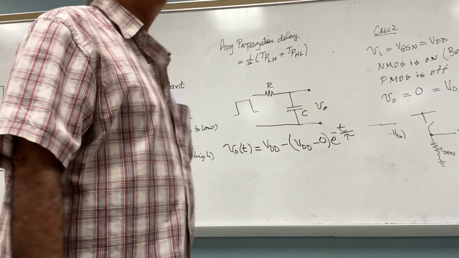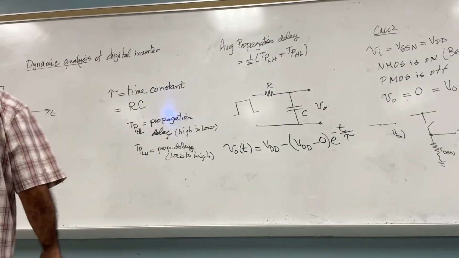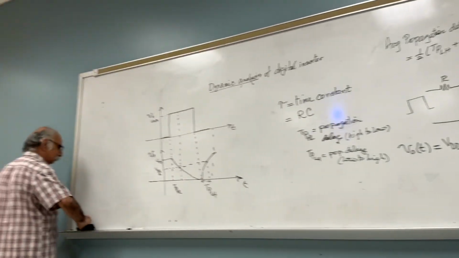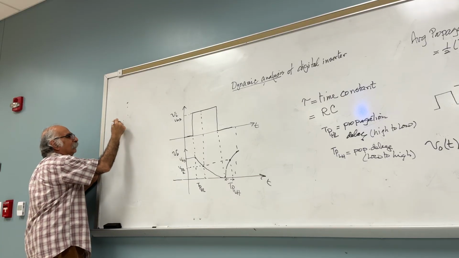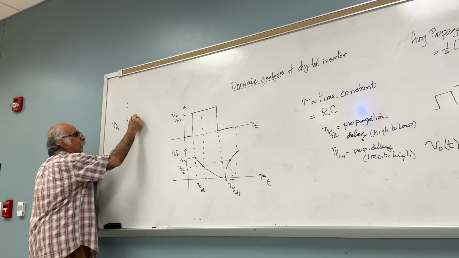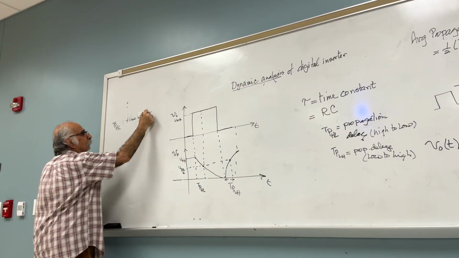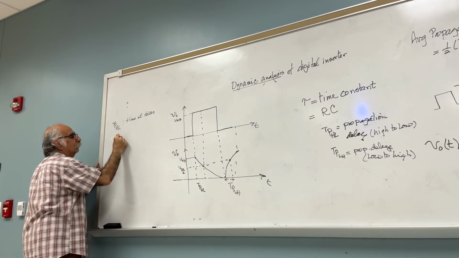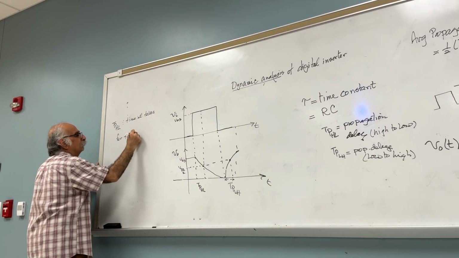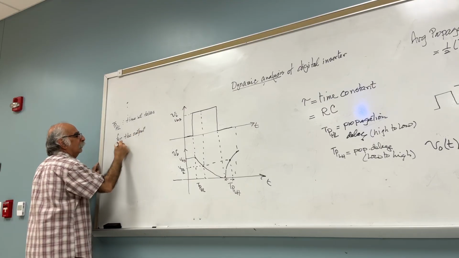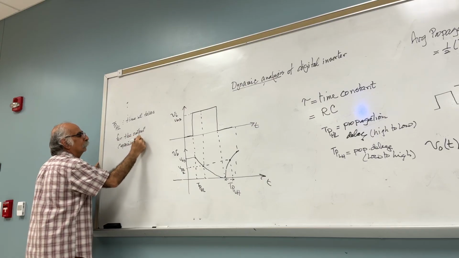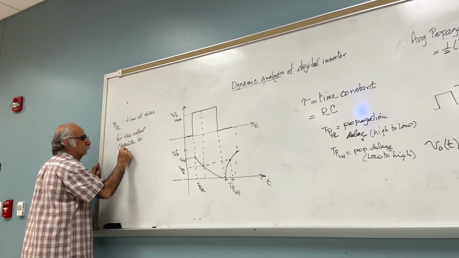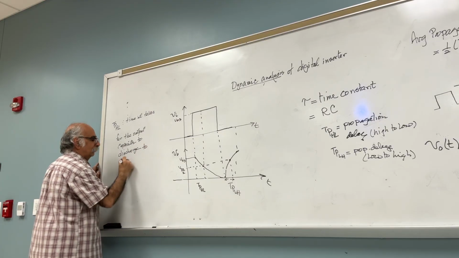So how do I define the propagation delay? The propagation delay. Let's say, for example, HL is the time it takes for the output capacitor to discharge to what?